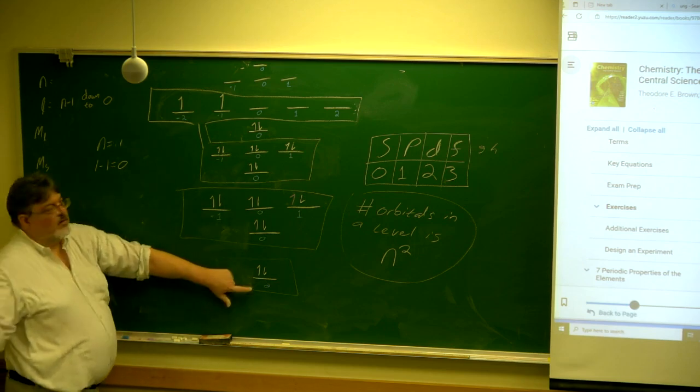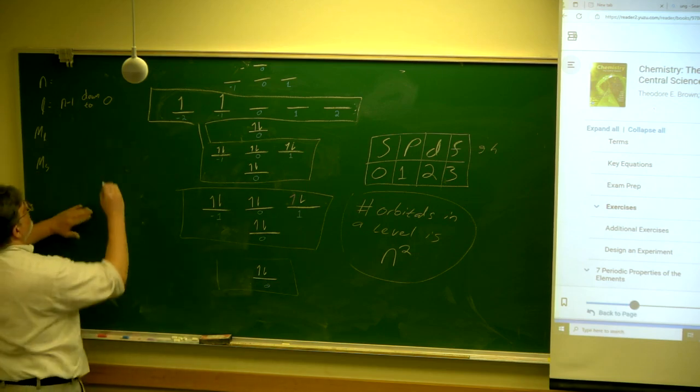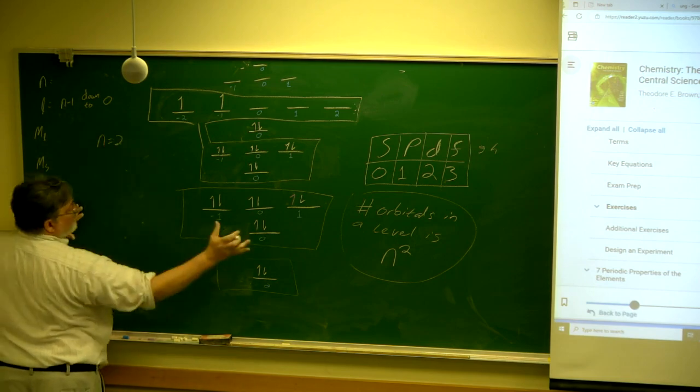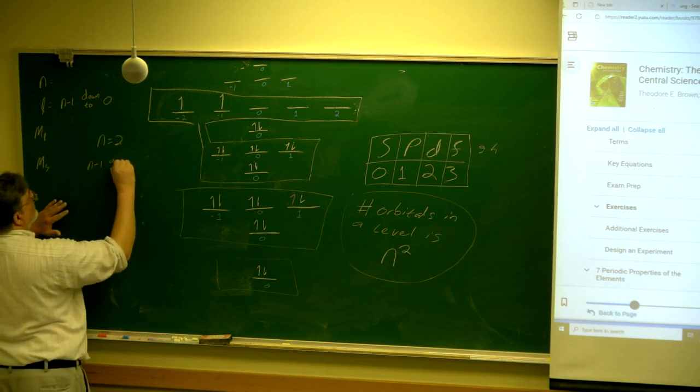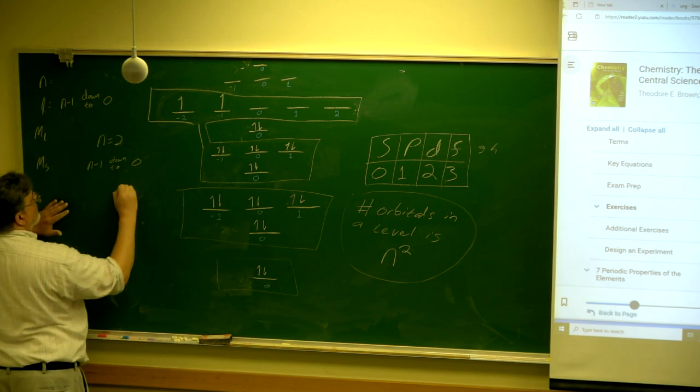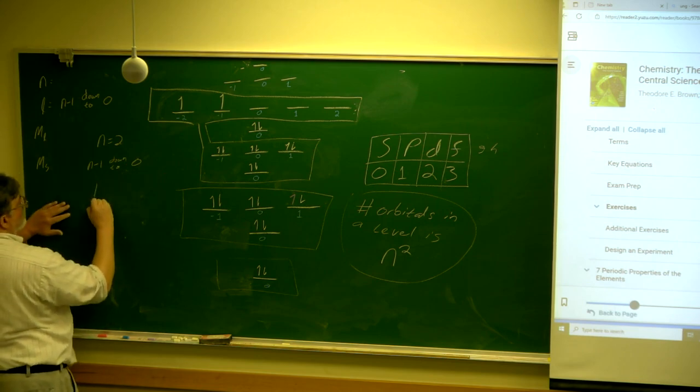Just 0. Watch how this works. N equals 2, and here, n minus 1 down to 0. So 2 minus 1 is 1, 1 down to 0.